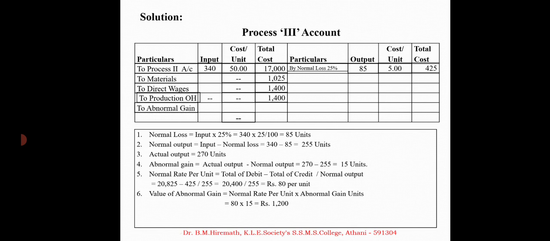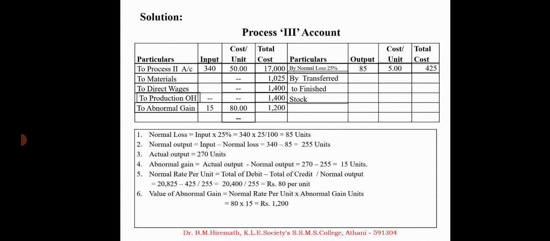Record this abnormal gain on the debit side. So to abnormal gain, 15 units, rate per unit is rupees 80. 15 units into 80 rupees is equal to 1200.